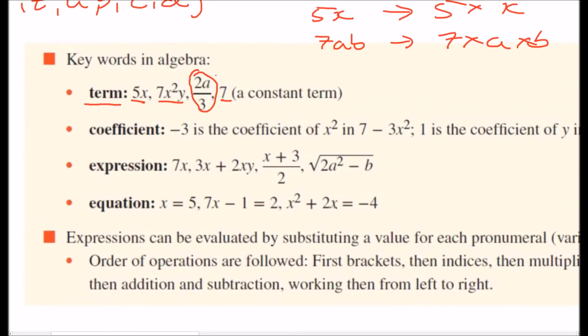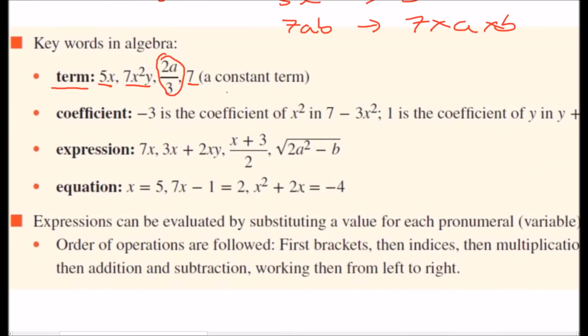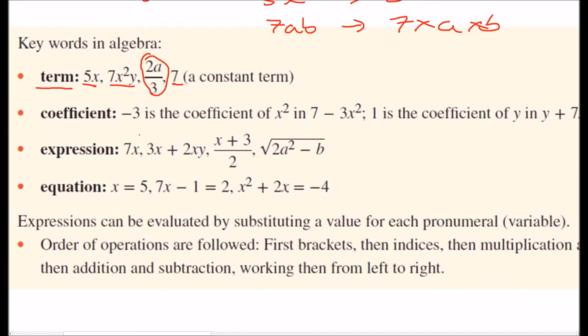Next, coefficients. Coefficients are basically numbers that are in front of the letters. In this little expression here, 7 minus 3x squared, the coefficient of x squared, the number in front of the x squared, is -3. I'll just underline that. So the coefficient of x squared is -3.